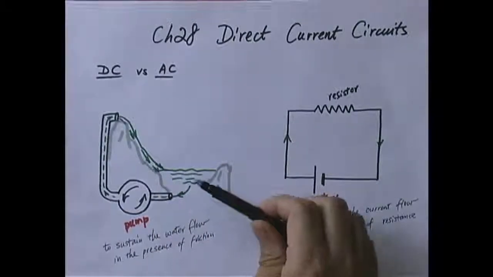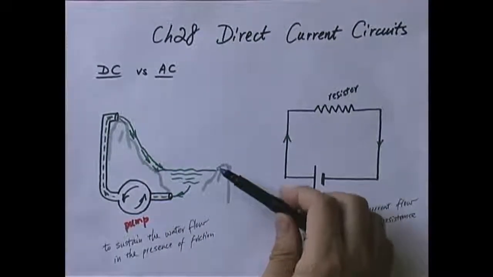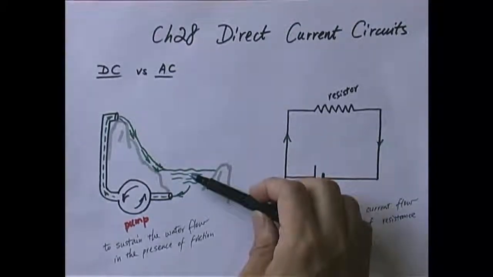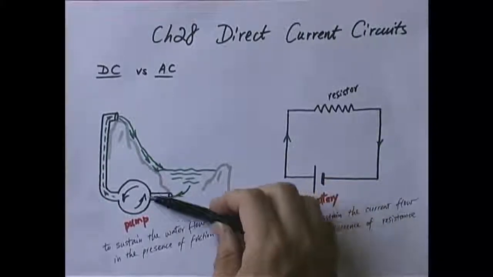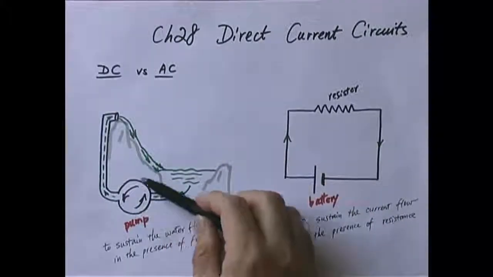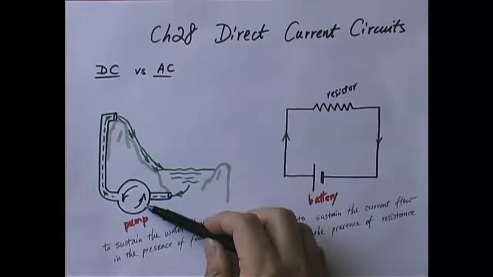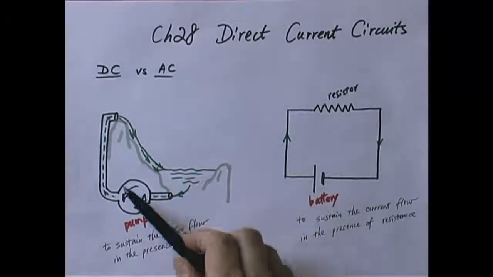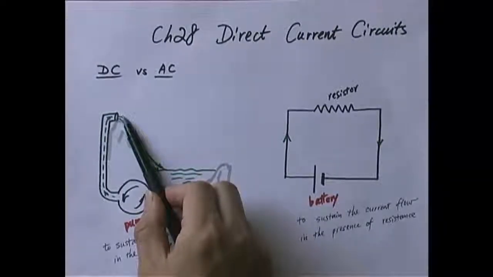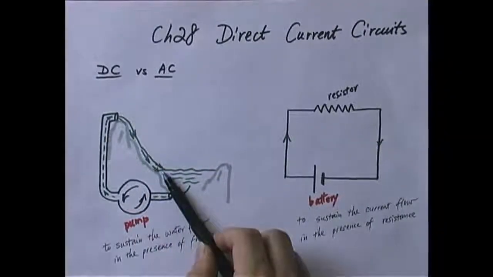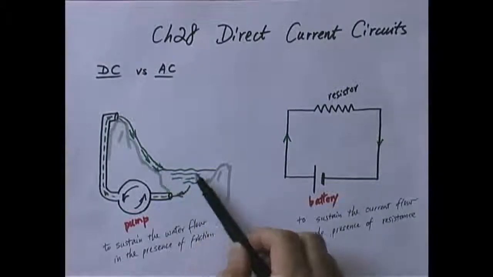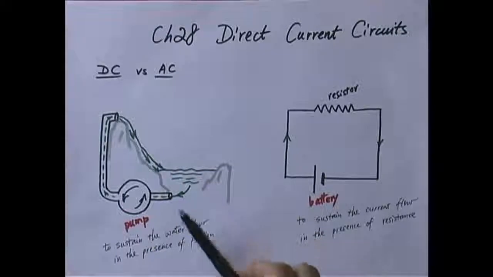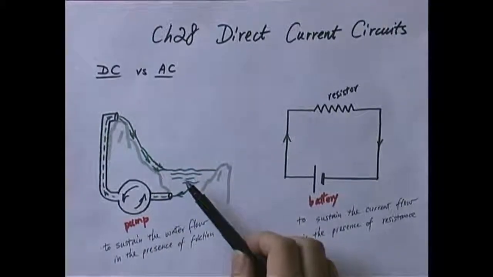In an artificially sustained waterfall, you have a finite amount of water, and this water is pumped to a higher level by an electrical pump, which turns electrical energy into gravitational potential energy. As the water gets to a higher elevation, it then flows downwards, it loses gravitational potential energy, and then it has to be pumped back up again so that the cycle can start. So this is how to sustain an artificial waterfall.